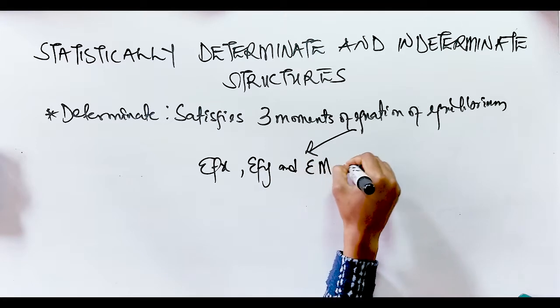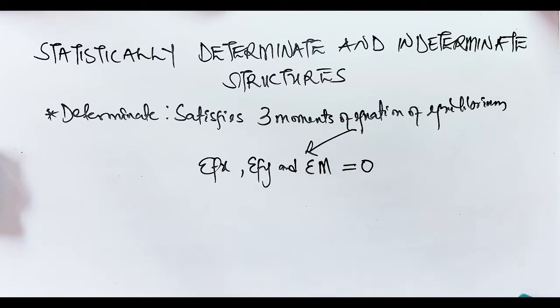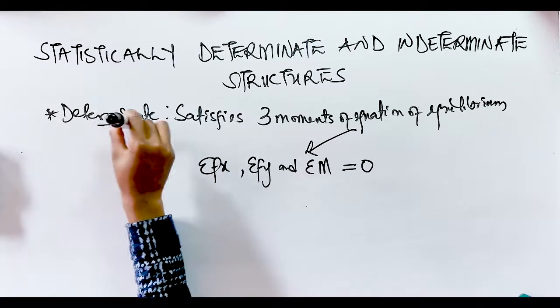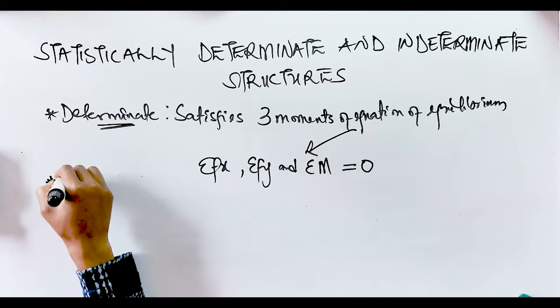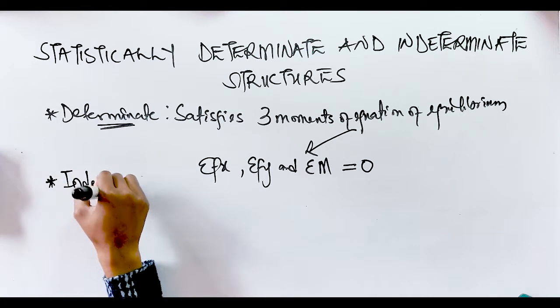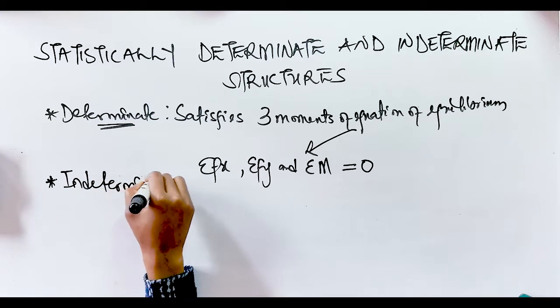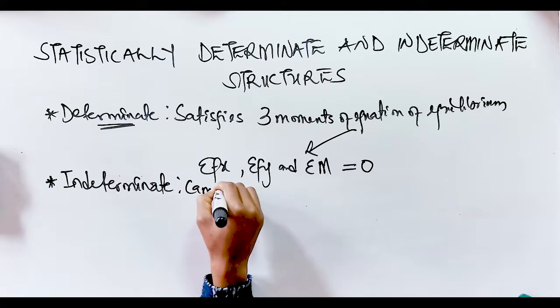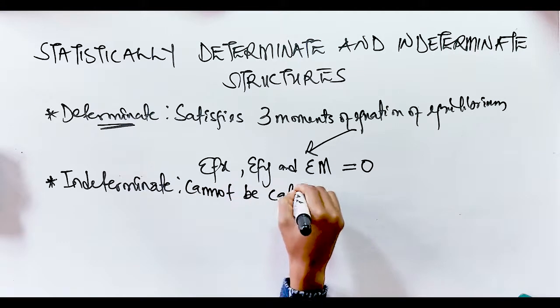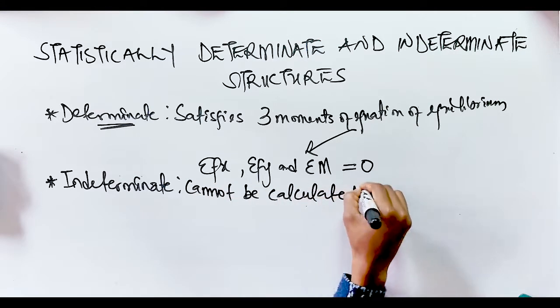So if the reaction forces can be calculated using these three equations of equilibrium, then the structure is said to be statically determinate. And this is vice versa for a statically indeterminate structure. If the reaction forces cannot be calculated using the equations of equilibrium only, then the structure is said to be statically indeterminate.